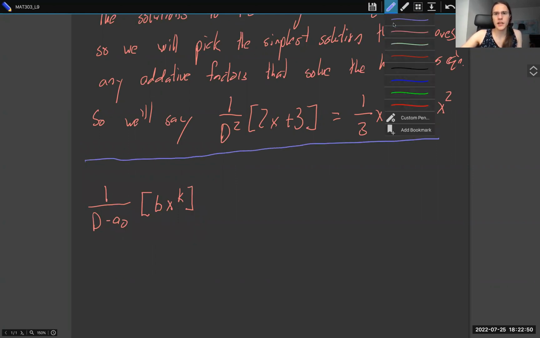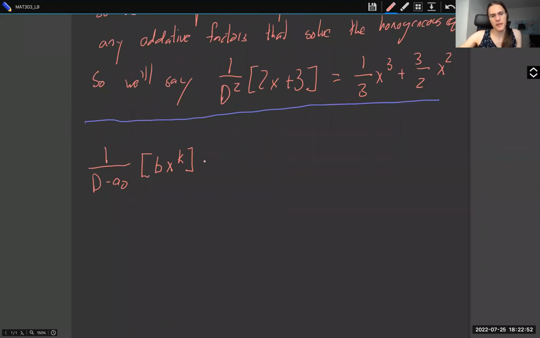So in other words, I want to solve the equation y prime minus a naught y is equal to b times x to the k.